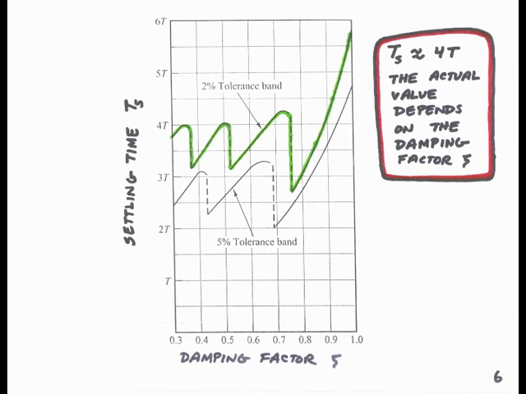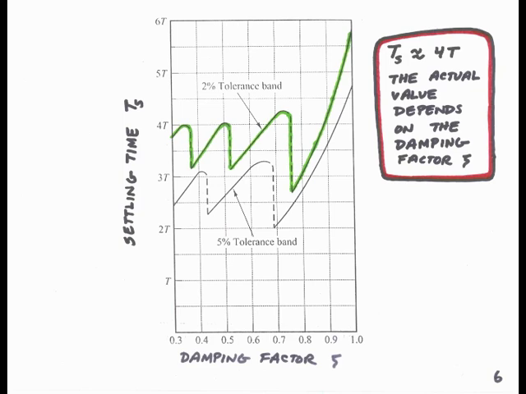And so if we incorporate zeta into our analysis, we'll get a more accurate idea of what the settling time is. And this is shown in this figure, which shows settling time versus damping factor. And settling time is expressed in terms of the time constant, capital T.